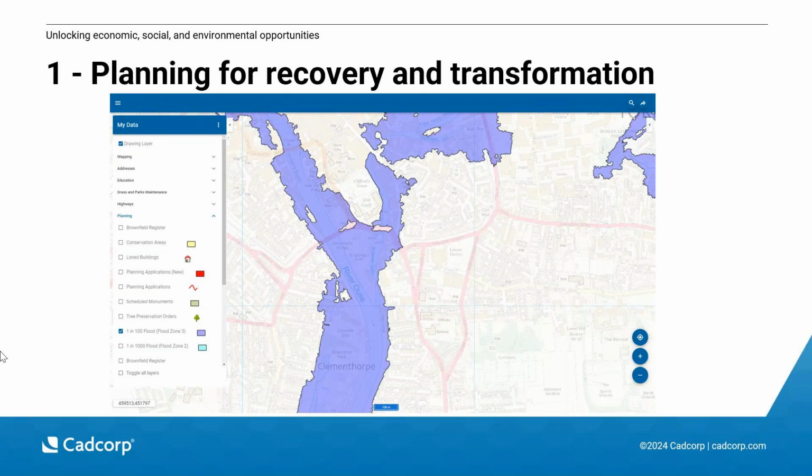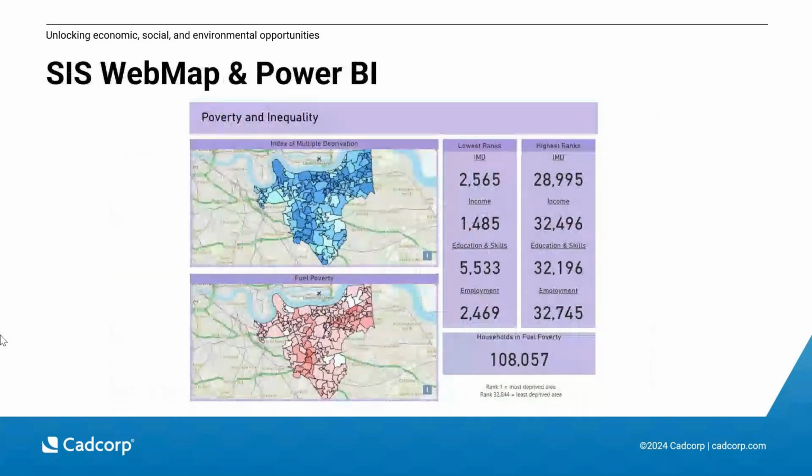Today, as well as web mapping standard functionality, we really want to show you the more advanced technology as well. So this starts with Power BI. So many of you may have come across Microsoft Power BI today. In the screenshot, we've got a dashboard approach with integrated mapping.